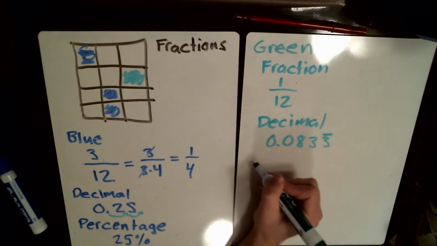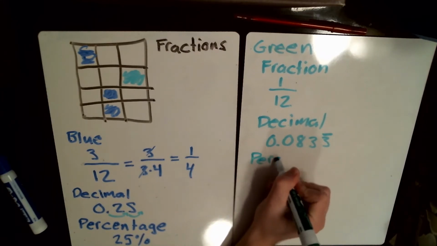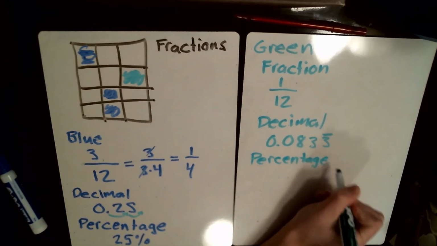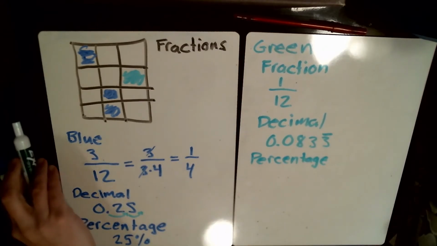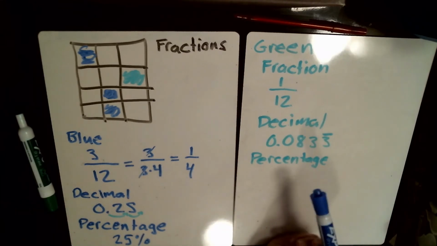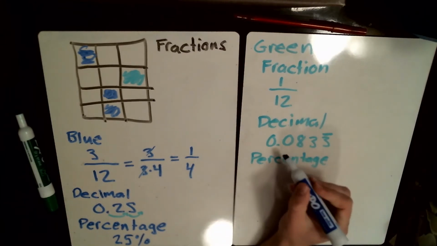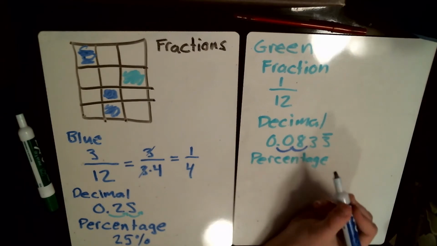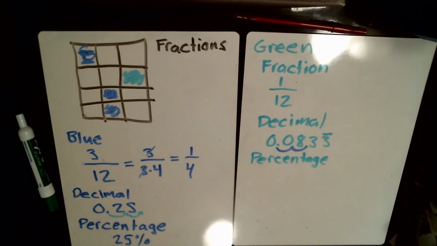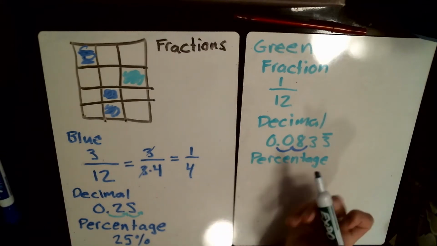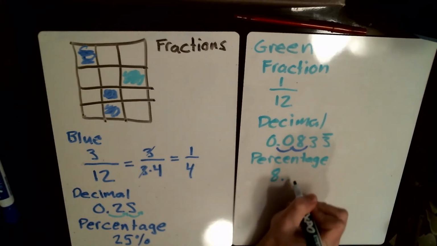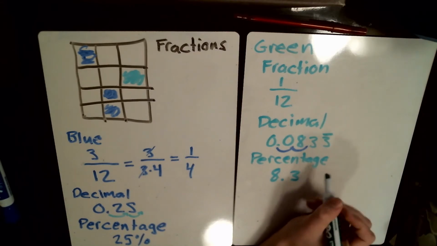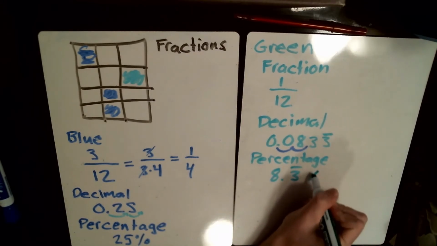And then the percentage, what we need to do is we just need to move that decimal point over 2 places. So we go over 1, over 2. So our percentage is going to be 8.3 with repeating threes percent.